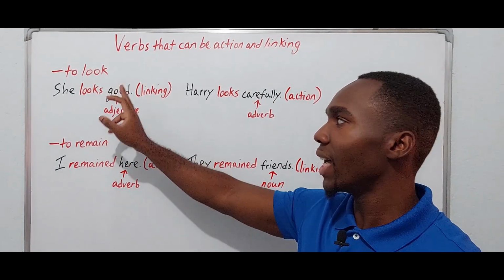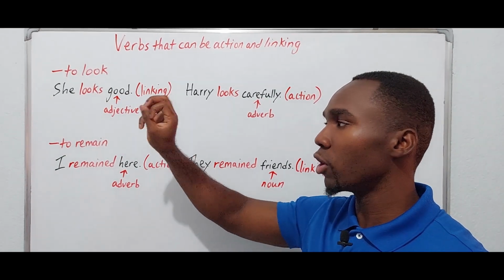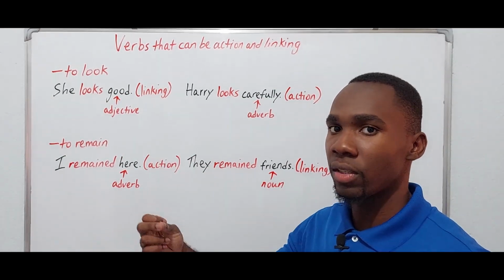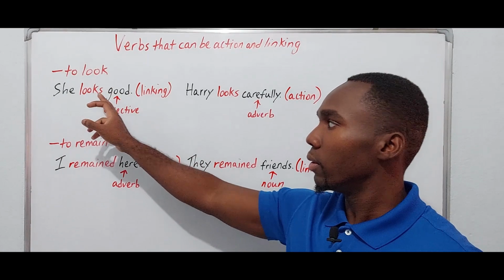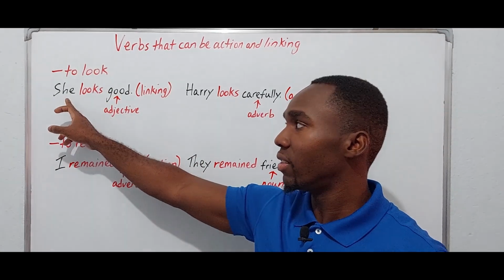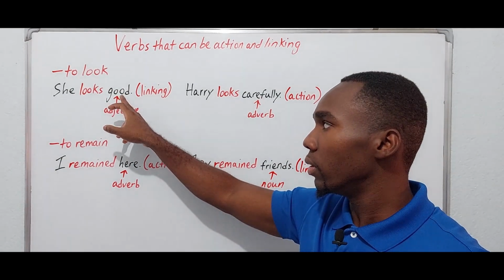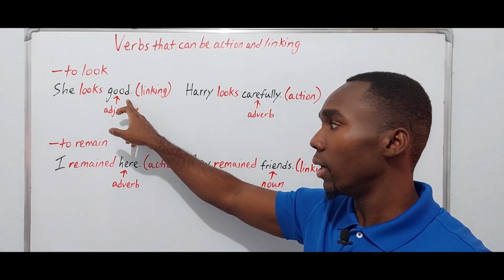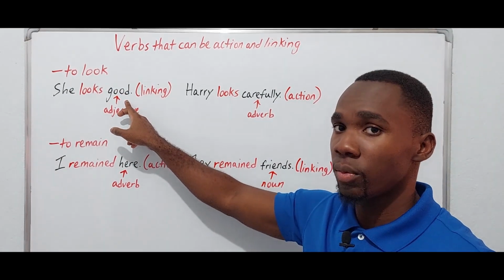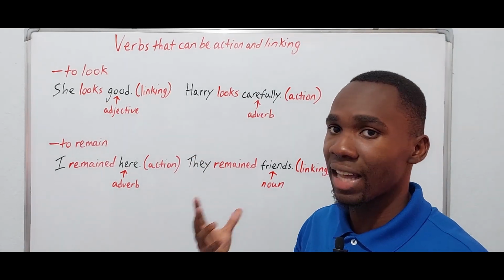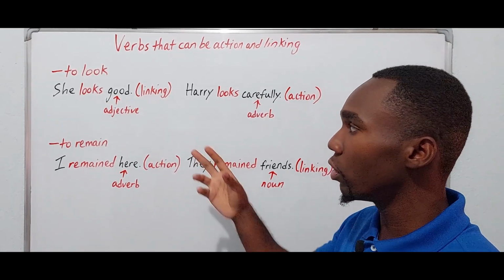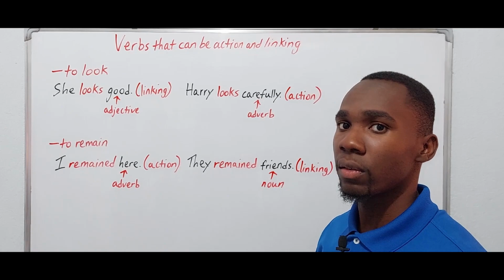So we have to use an adjective because the verb look is not expressing an action. It is linking the subject, which is she, to the additional information, which would be good in this case, and it's an adjective. Okay? So looks refers to her appearance, right?